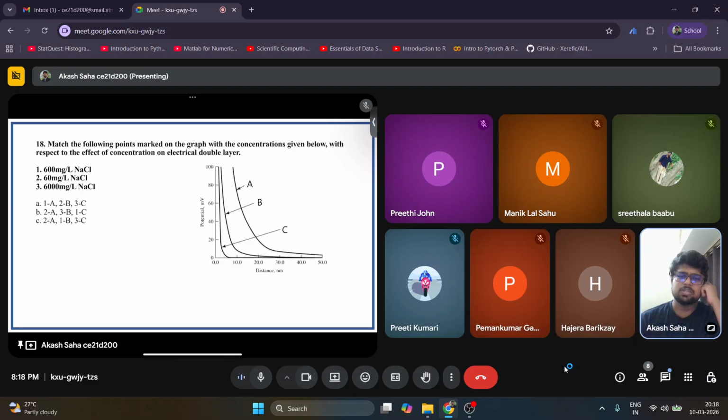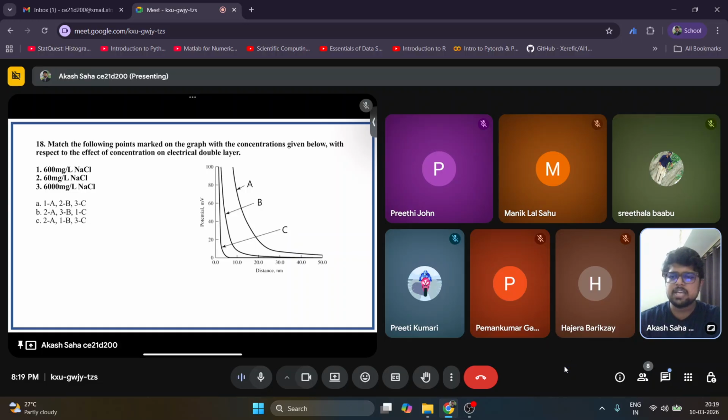So just one thing you have to understand here is, if you add more coagulant or NaCl, the suppression will be more. So the high potential will be much more in the closer distance.